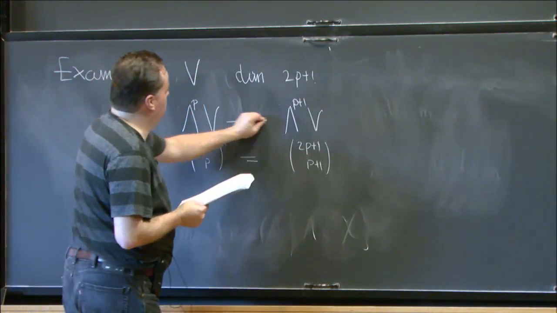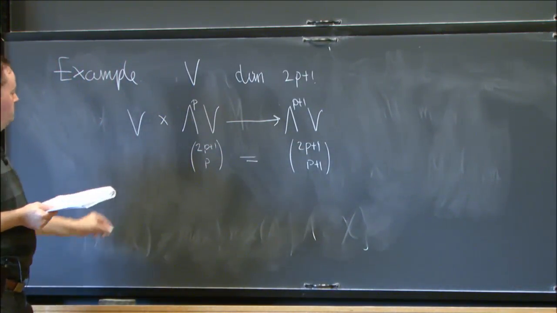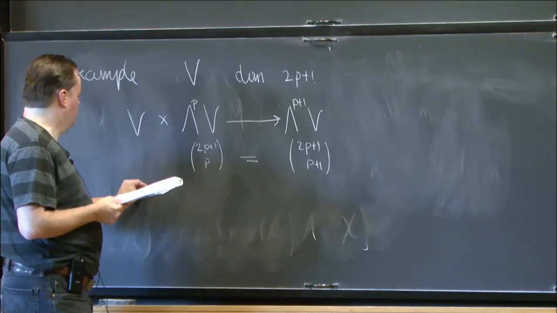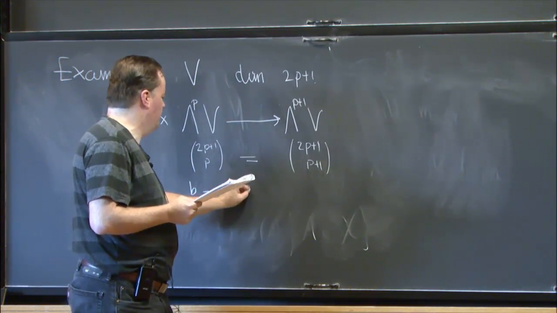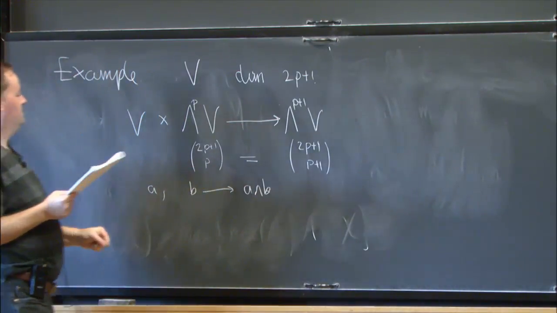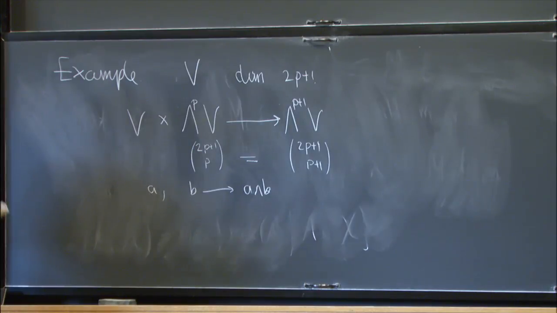And now we can actually make a linear map. Once we have an element A in V, we can take some element B and map it to A wedge B. Okay, so using exterior powers. These are like the determinants of all subsets of size p.